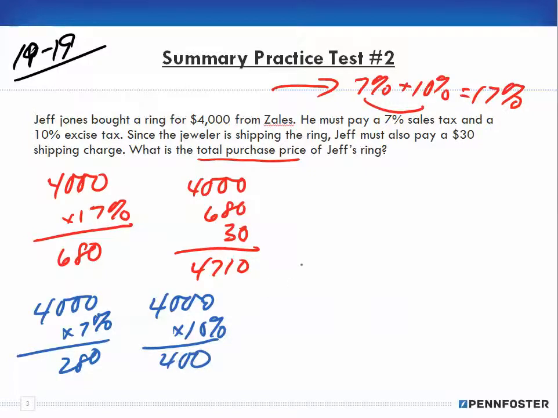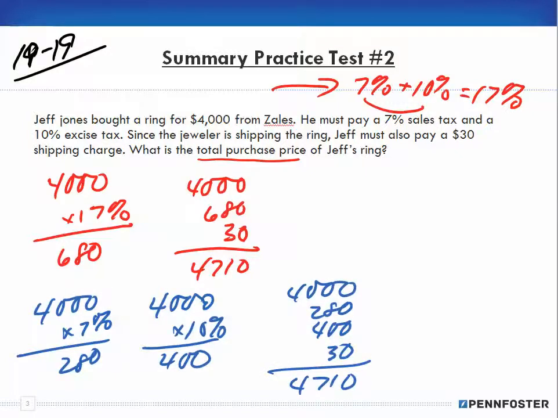Then I could have taken the 4,000 plus the 280 plus the 400 plus the 30 and come up with 4710. But instead, I chose to add the 7% and the 10% together and had 17%.